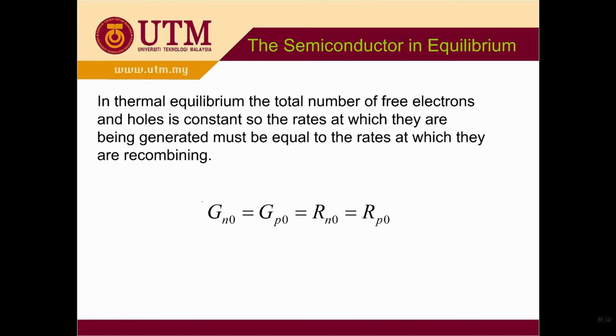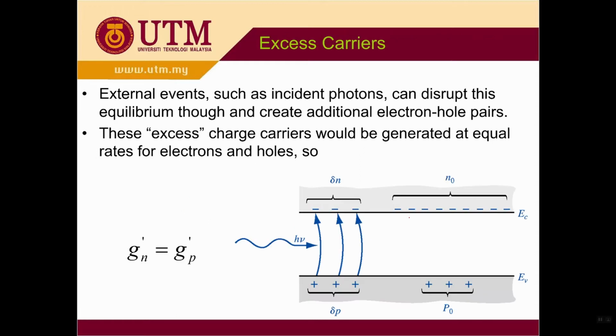What it means is that the generation rates for electrons and holes are equal to the recombination rates of electrons and holes. The n0 and p0 here.